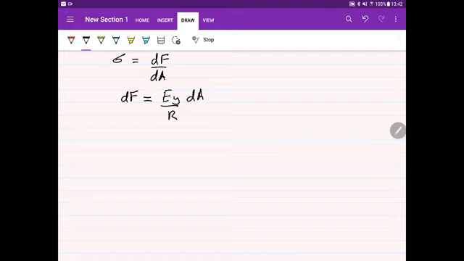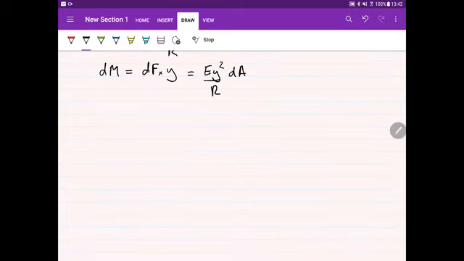So we can write down the moment that occurs as a result of the force that's in that plane, which we just calculated. So that's going to be dF times its perpendicular distance, which is y, which gives us E y squared over R times dA.